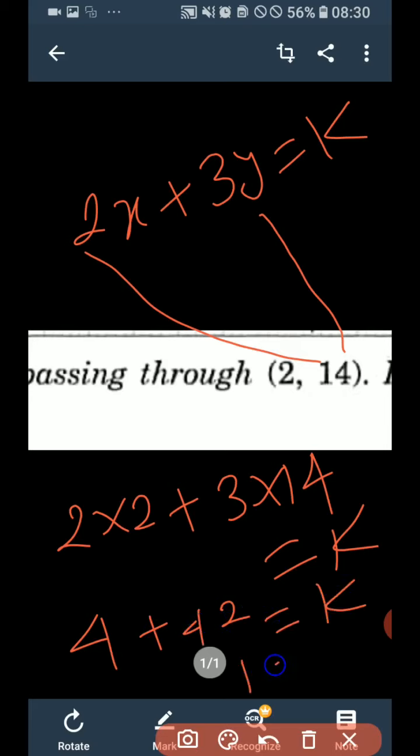Therefore 2x plus 3y equal to 46. These are the required lines.